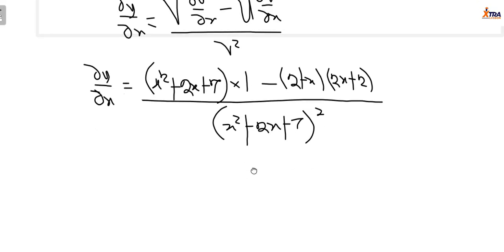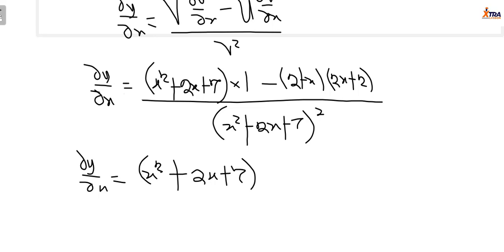So now let's simplify. We have dy over dx equals 1 times the whole of this will give us x squared plus 2x plus 7, minus, now let's expand this.